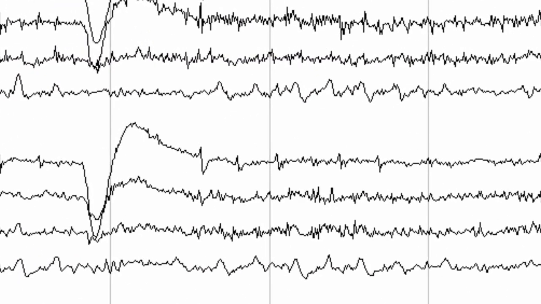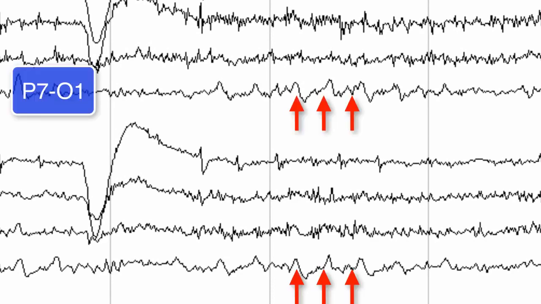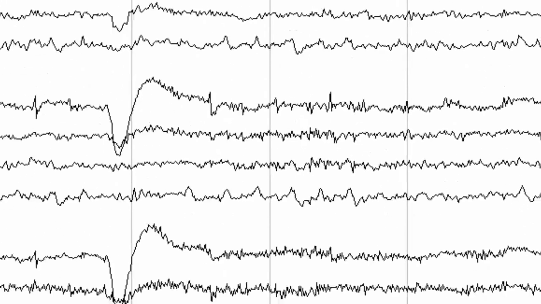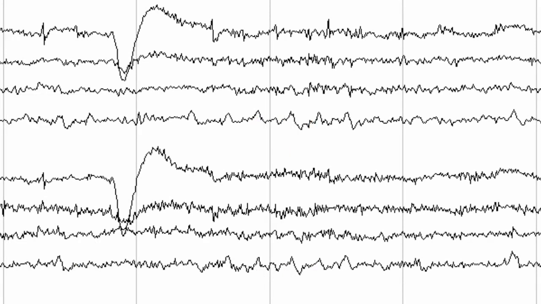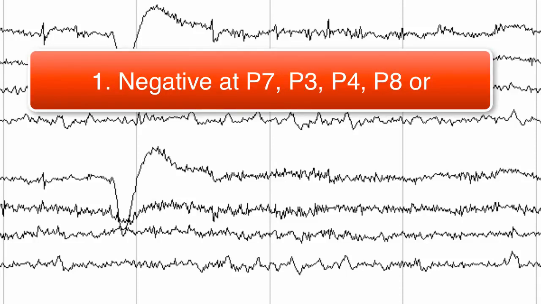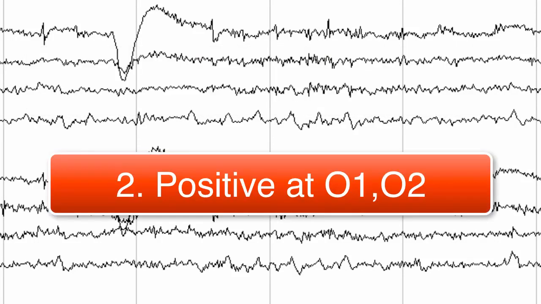Again, we see that there is an initial upward deflection at P7, P3, P4, and P8. Going back to our polarity rules, this would suggest that these waveforms are either electronegative at P7, P3, P4, and P8, or they are electropositive at O1 and O2.